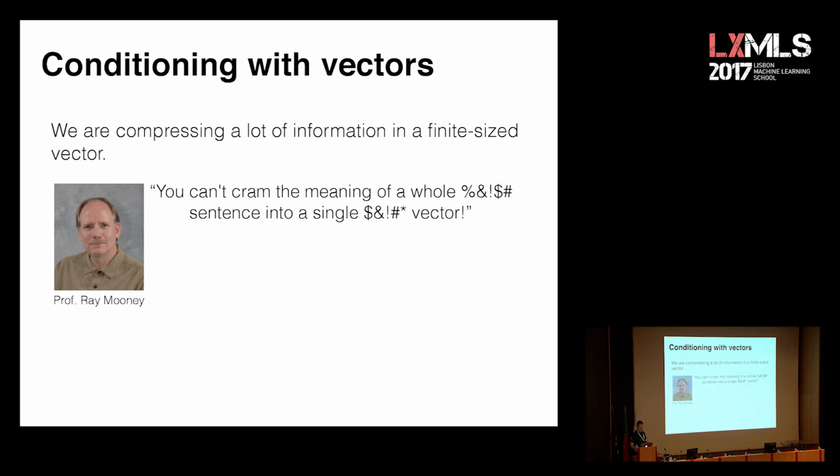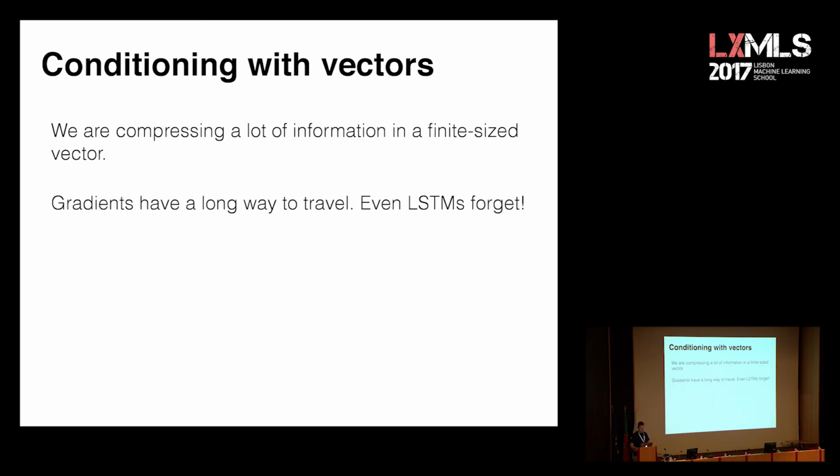In fact, I think Ray Mooney commented on this during the years when everybody was doing this sort of thing, and said at a workshop on compositional vector semantics that you can't cram the meaning of a whole sentence into a single vector, with a few other colorful modifiers there. And so people took this seriously, though.